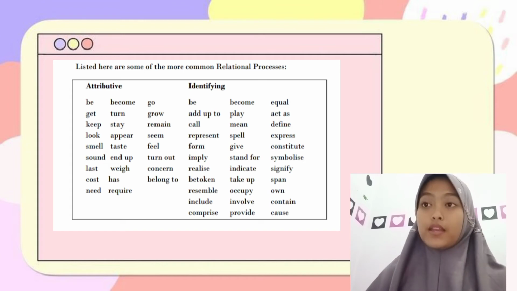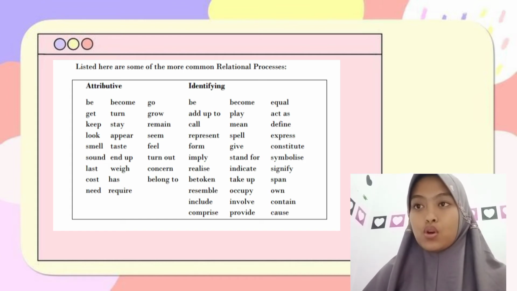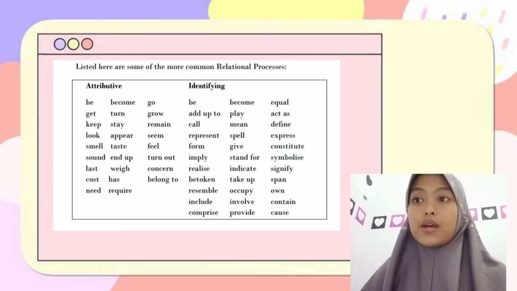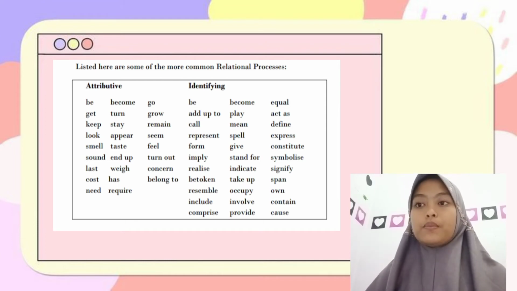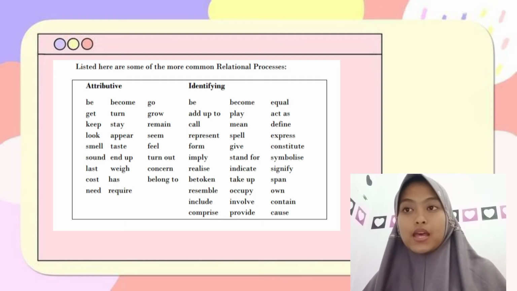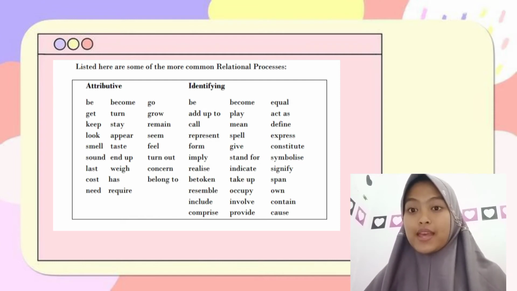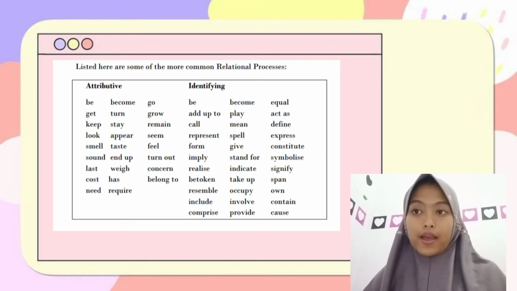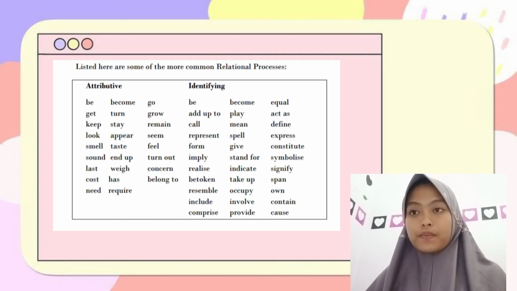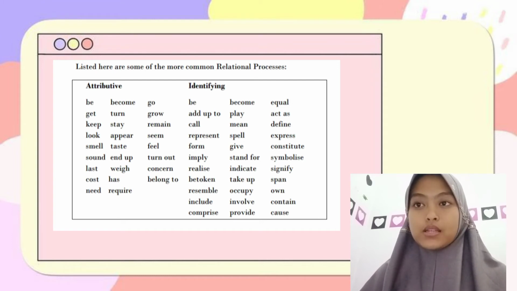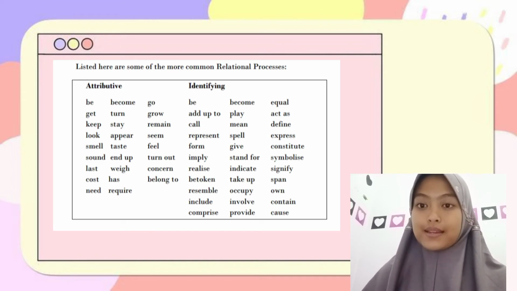And then identifying, such as be, add up to, call, represent, form, imply, realize, betoken, resemble, include, comprise, become, play, mean, spell, give, stand for, indicate, take up, occupy, provide, equal, act as, define, express, constitute, symbolize, signify, span, own, contain, and cause.